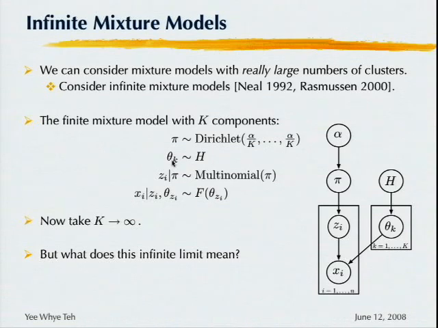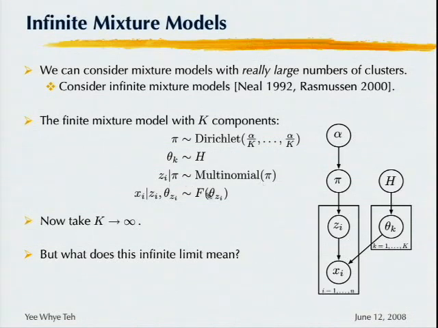So theta k is the parameter for cluster k, and let's assume that they are drawn IID from a prior over parameters given by H. Then for each data point xi, we have a corresponding latent variable zi, which is its cluster indicator variable. It tells you which cluster data point xi belongs to.